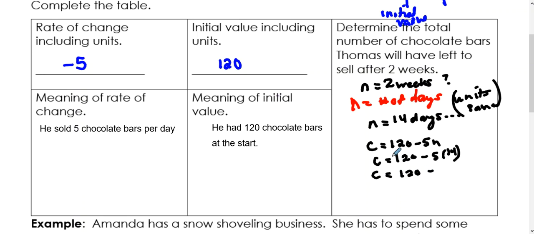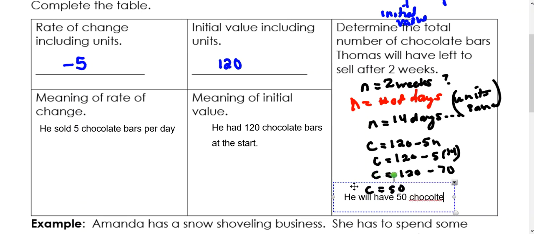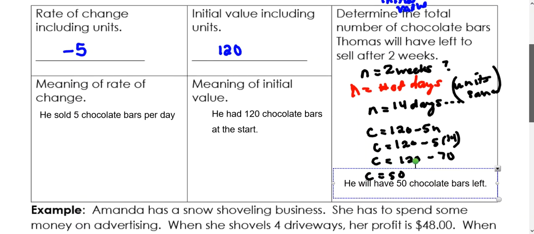It's 70. All right. So we know that you'll have 50 chocolate bars left. There we go. All right.